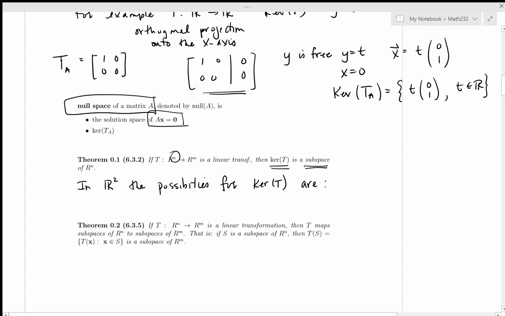We know what the possible subspaces are in R2. It could be the origin, the 0 vector, it could be a line through the origin, or it could be all of R2. Those are the only possibilities.